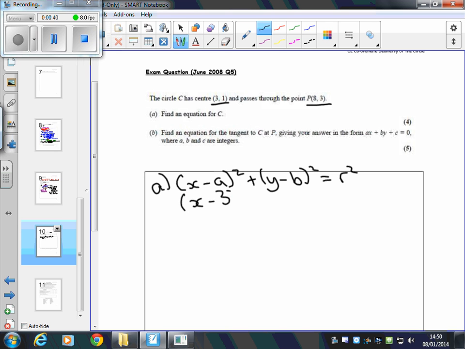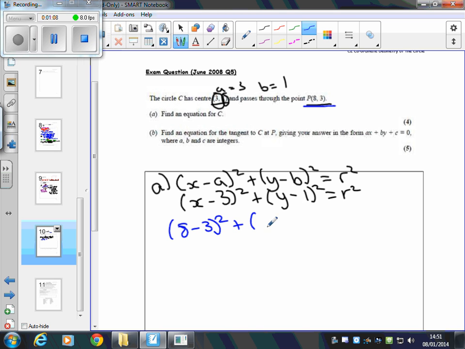(x minus 3) squared plus (y minus 1) squared equals r squared, because here we're told a equals 3 and b equals 1. And then substituting in the point we're given here, the point P, will give us (8 minus 3) squared plus (3 minus 1) squared, and that will equal r squared, because this point lies on the edge of the circle.